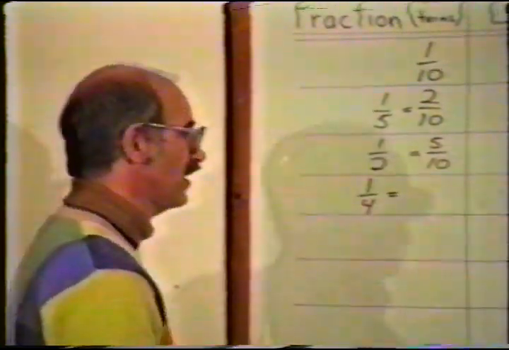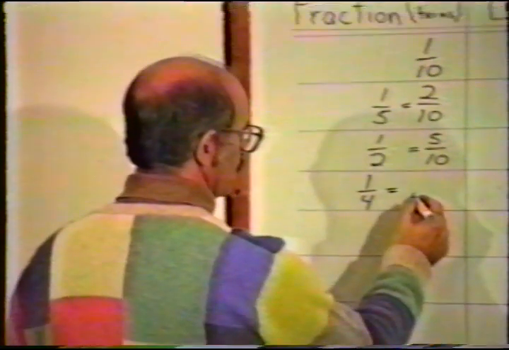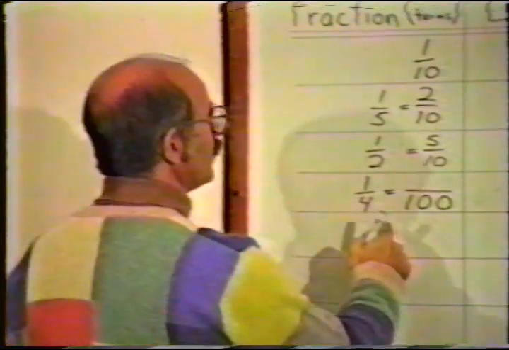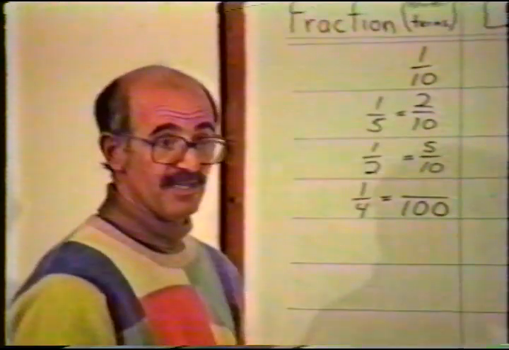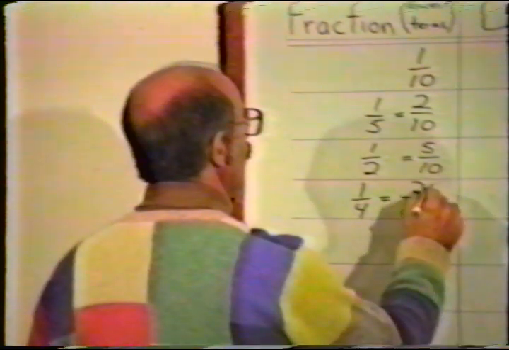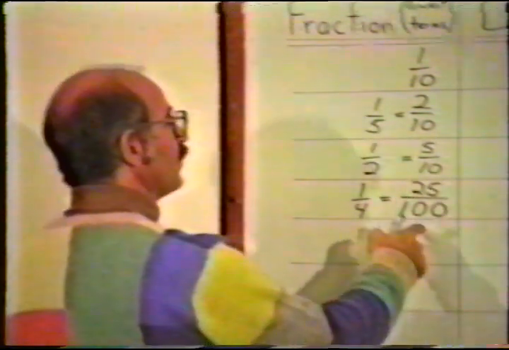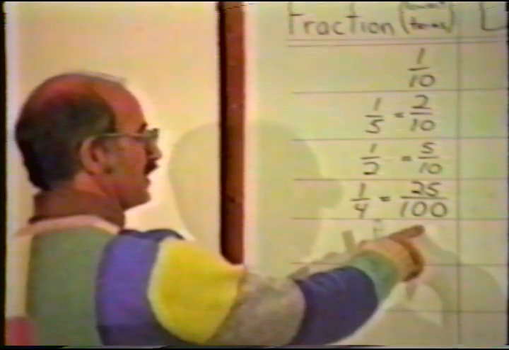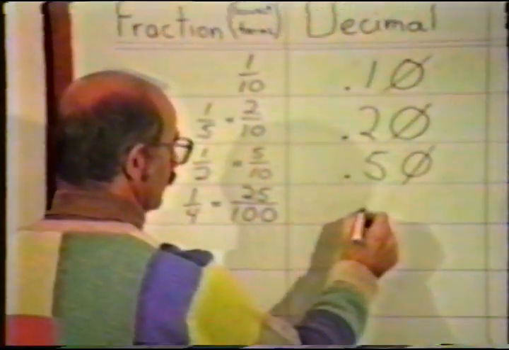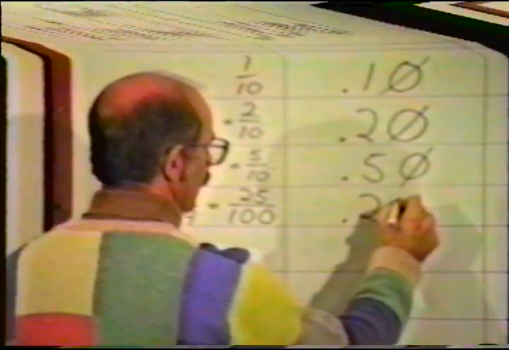What number should I put on the bottom? 100. 4 goes evenly into 100 how many times? 25. 25 hundredths. How do I write 25 hundredths as a decimal? 0.25.